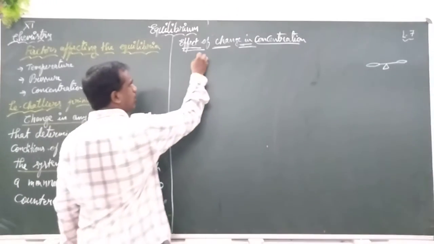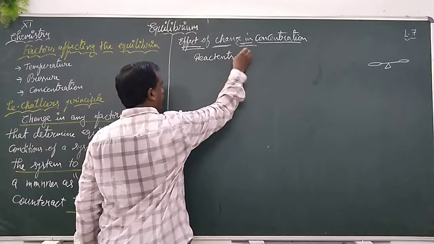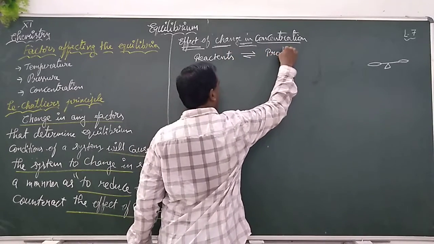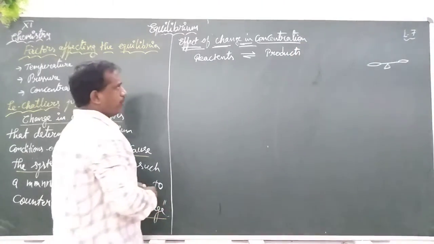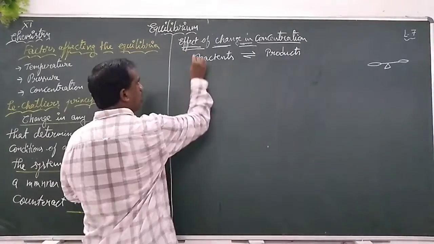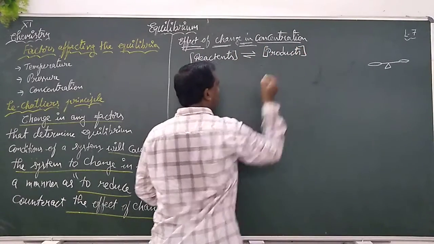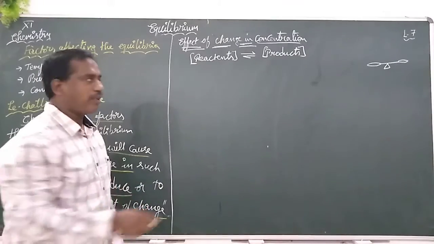In a reaction, reactants will be there, and also products will be there. Now, what we are considering is equilibrium. At this equilibrium, the concentration of the reactant is equal to the concentration of the product. Everyone knows that, right?